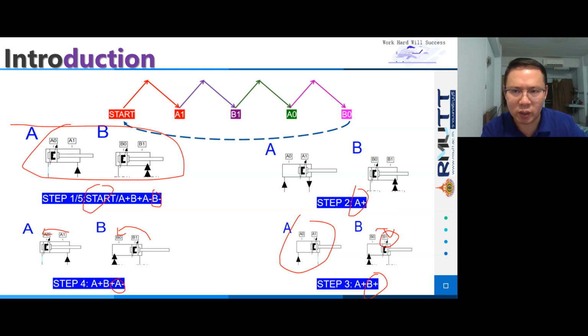It's B minus. When A plus, B plus, A minus, and B minus are completed, the work becomes the same as before the start and returns to the initial position.